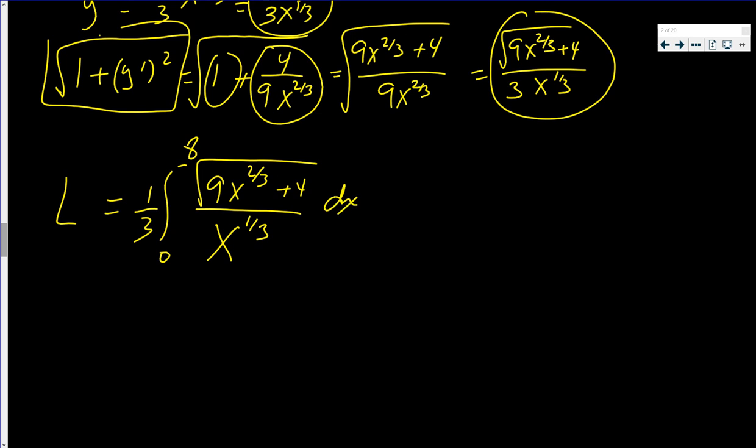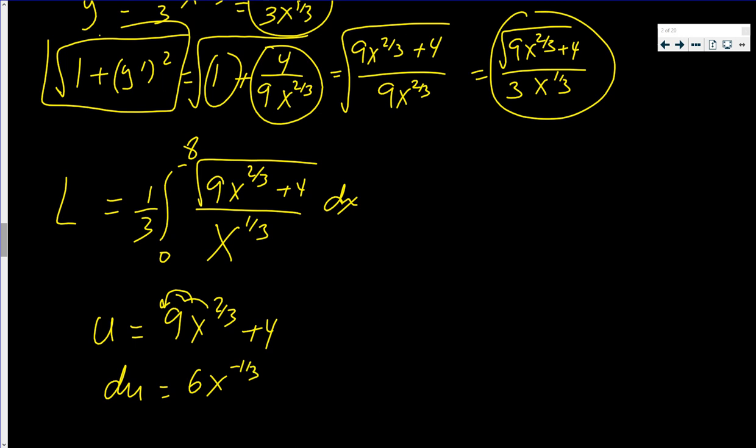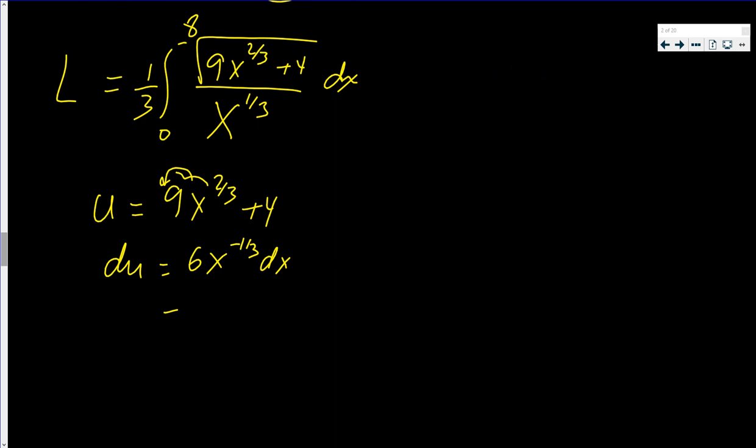Okay. So I am going to let u equal to what's under the radical. So then du will be, well, you multiply 2/3 times 9 and you get 6. 6x to the negative 1/3 dx. But that is 6 dx over x to the third.